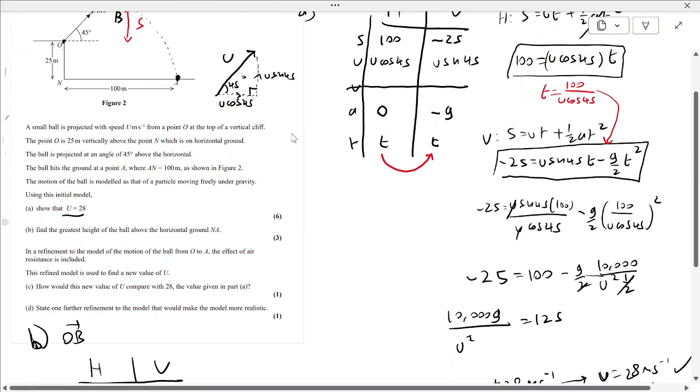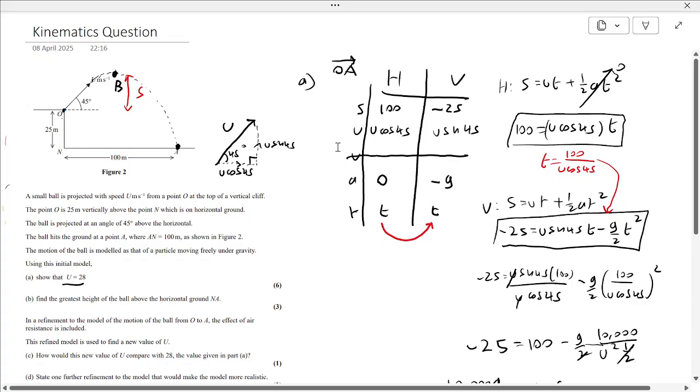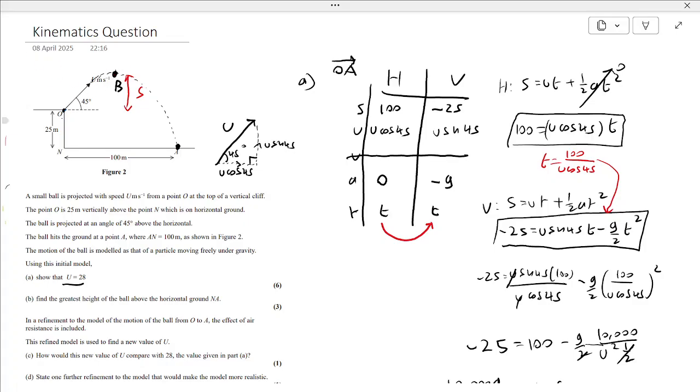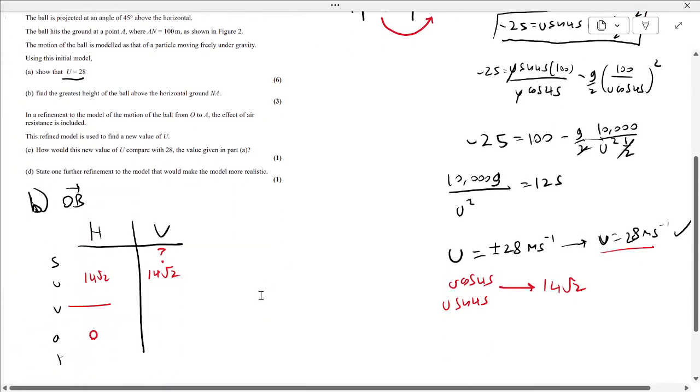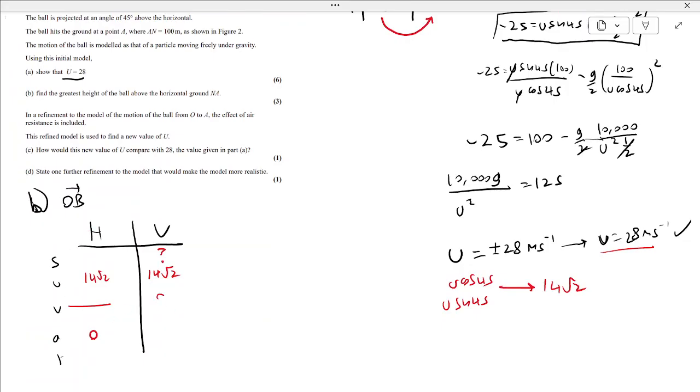This is one situation where, unless they're asking for v, you still want to use it, because at the very top, at the very peak, your vertical velocity is 0. It's turning, going from moving upwards to moving downwards. So just something to learn: top of your path, vertical velocity is 0. So I put in v equals 0. a is negative g, always is. And t, well, I don't know t.